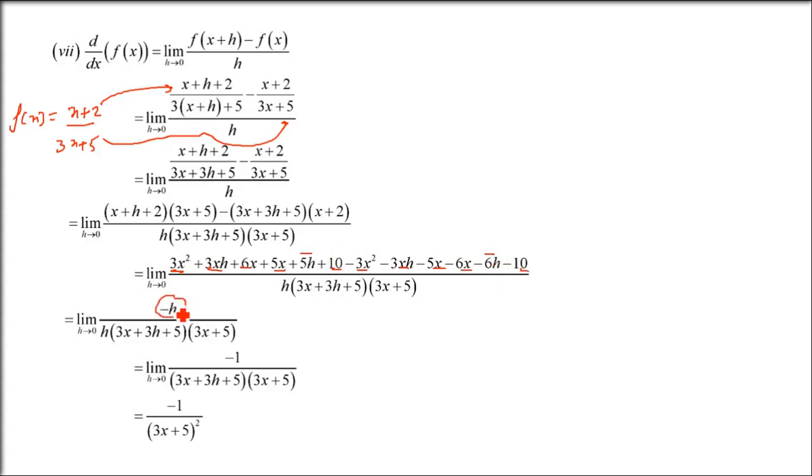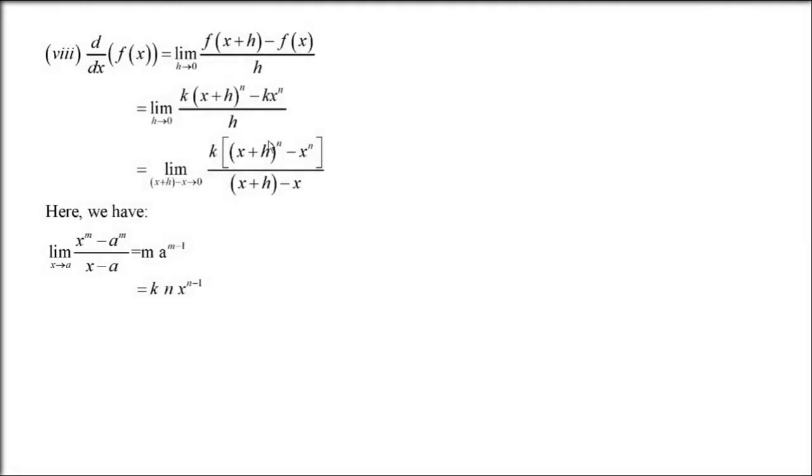Other terms cancel. So minus h gets cancelled because h was already there in the denominator. So only minus 1 will remain in the numerator. What about 3x plus 3h plus 5 and 3x plus 5? When you put h as 0, 3x plus 5 times 3x plus 5 is 3x plus 5 whole square, so minus 1 by 3x plus 5 whole square.